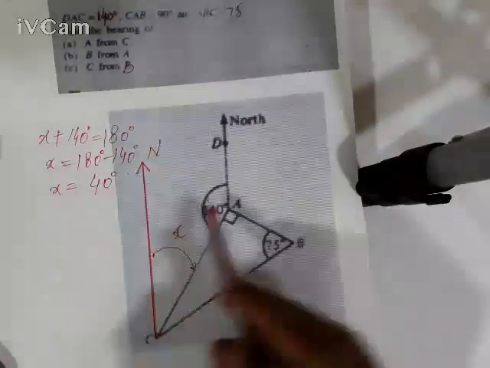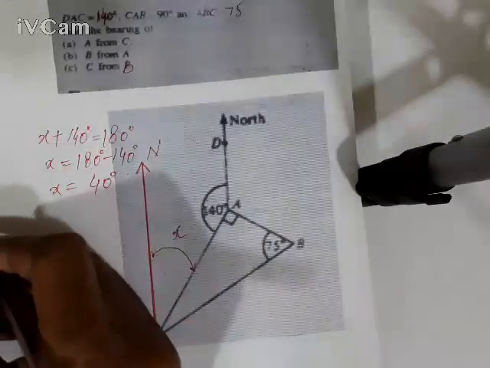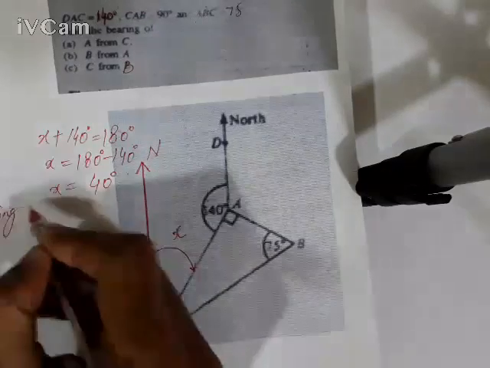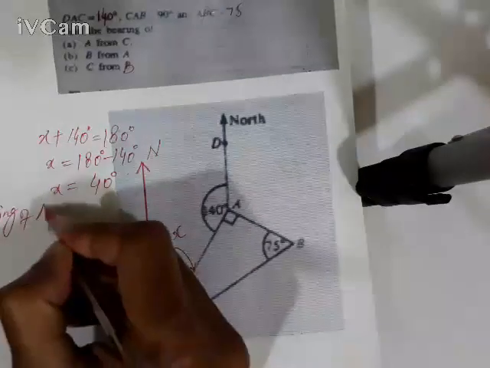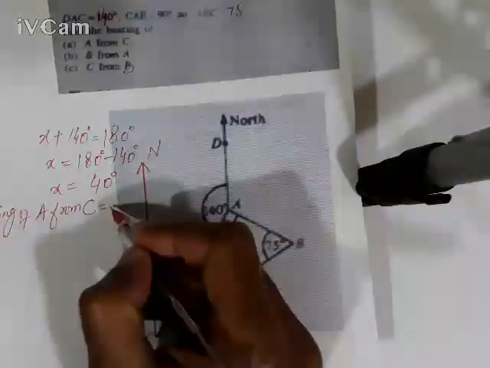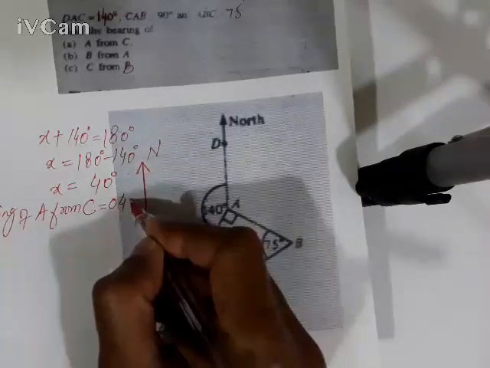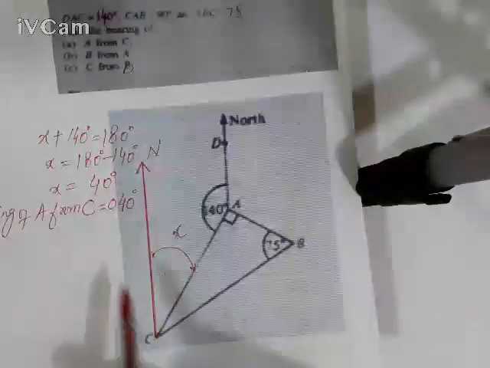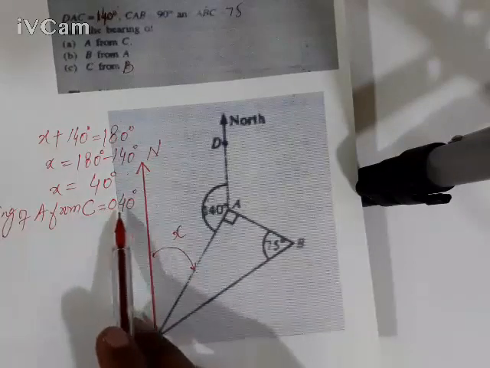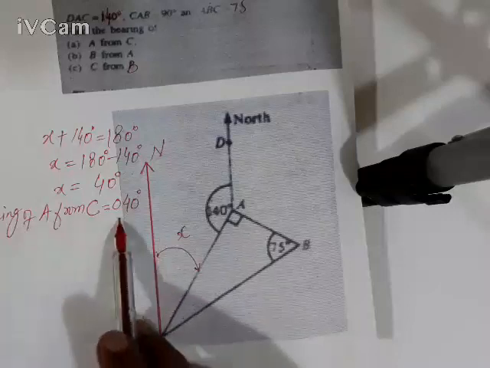Now this is the bearing of A from C. So we will write bearing of A from C, and you can write it in 3 digits, 0, 4, 0. So bearing can be written in 3 digits. So 0, 4, 0 is the bearing of A from C.